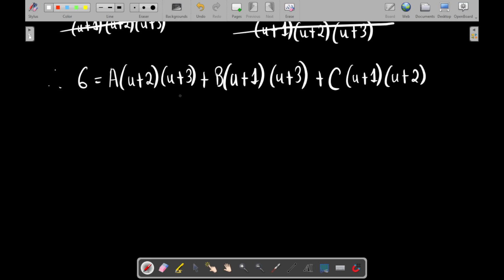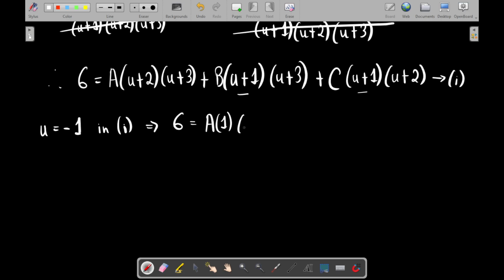Okay, so in order to get a, if we put the value of u equal to say -1, because u plus 1 is there in B and u plus 1 term is there in C. So putting u equal to -1 in this equation, which is equation 1, the left hand side will be 6 again, and this will become a times -1 plus 2, which will become 1, and -1 plus 3, which will become 2, right?